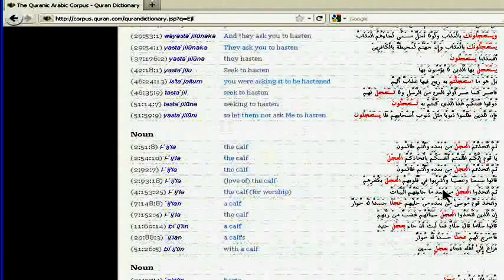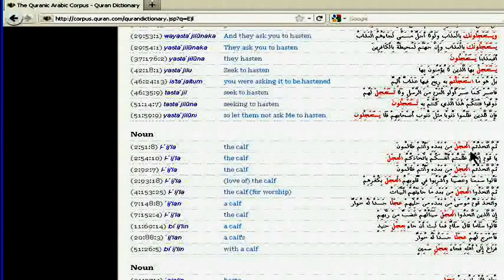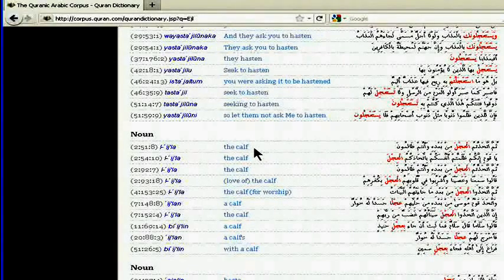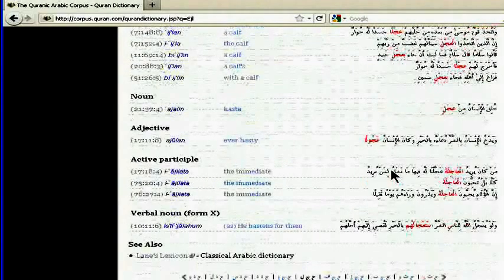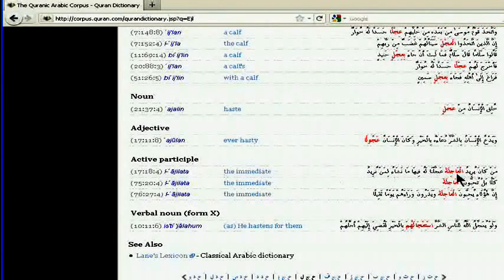We have nouns, and it's very interesting. We have the word ajl derived from the same masdar. Now, what is the link between a calf and to hasten? I don't know. I need to maybe check it up in a classical dictionary. Anyway, and then you go down, and we have the active participle, ajil, and the adjective ajulan.